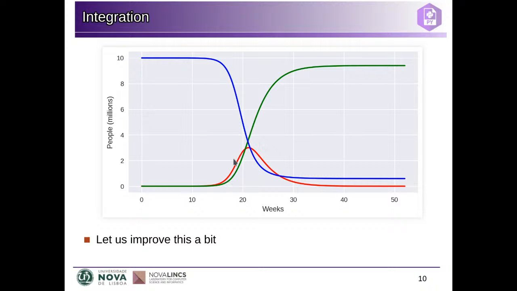So we have here the red line increasing with the number of infected people, but then people start recovering or dying and being removed from the equation here, which is the increase in green. So at some point we start decreasing the number of infected because we are decreasing the number of susceptible, and at some point we start losing more infected people than are appearing.